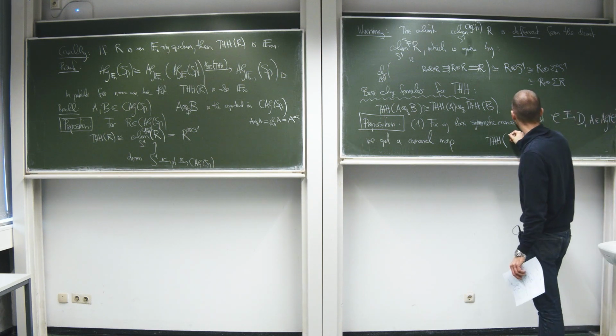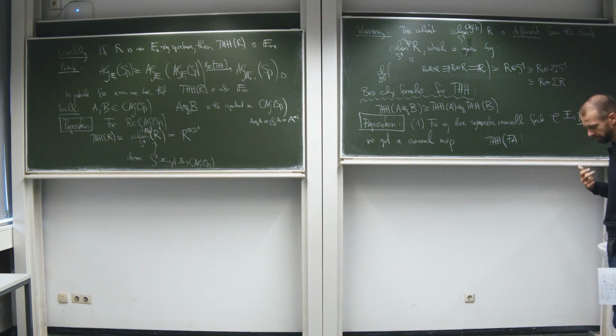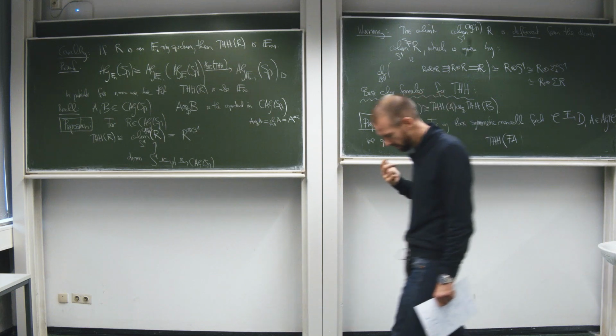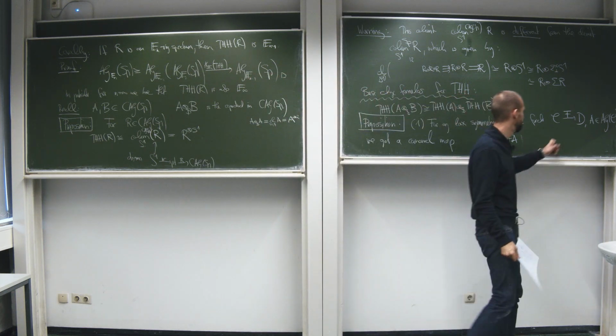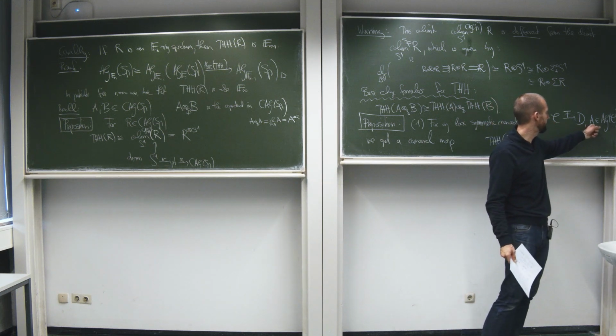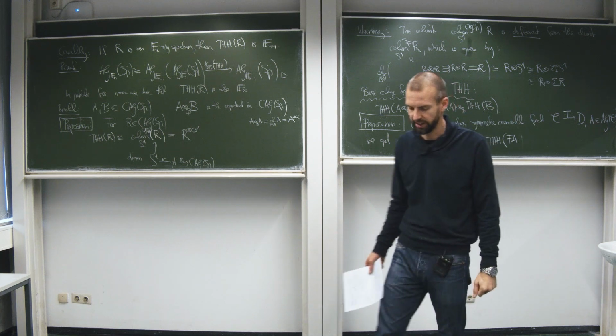And then I can apply F to A. And here I'm using a fact which, strictly speaking, we haven't introduced. But what is true is if you have an algebra in a symmetric monoidal category and apply a lax symmetric monoidal functor to it, then the image is again an algebra.